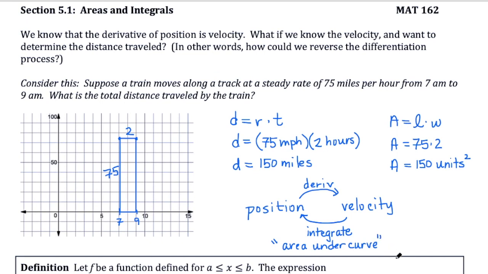Now, in this case, yes, our curve was just this little straight line segment. Curve is just more general. And when I say area under the curve, what I mean by that is the area that exists between my function, which in this case was a velocity function, and the x-axis. It's the amount of space in that region.